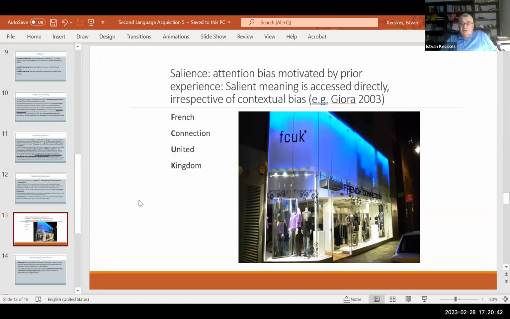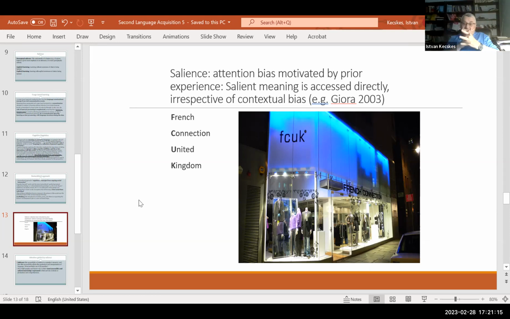Look at this picture. What comes to your mind when you look at this FCUK? Everybody smiles. You have a very dirty mind. Absolutely, there is no one who thinks about anything else but something dirty, in spite of the fact that it means French Connection, United Kingdom.